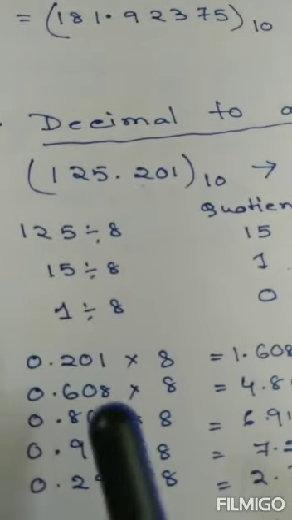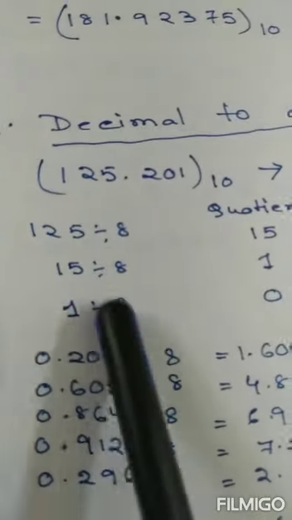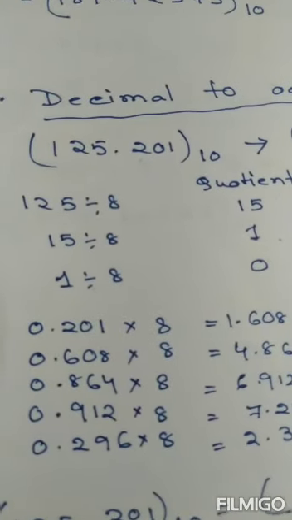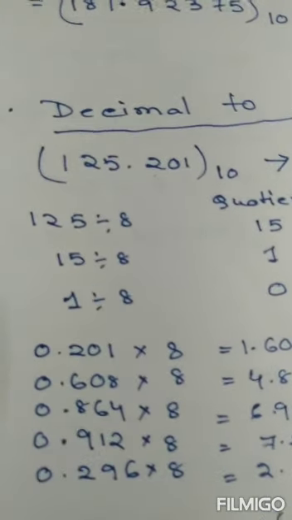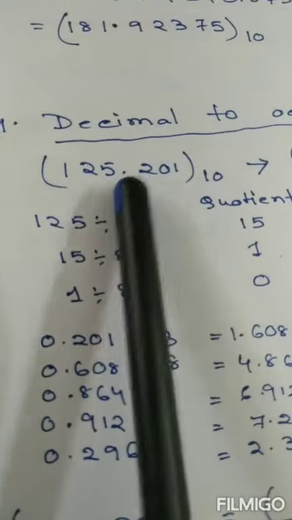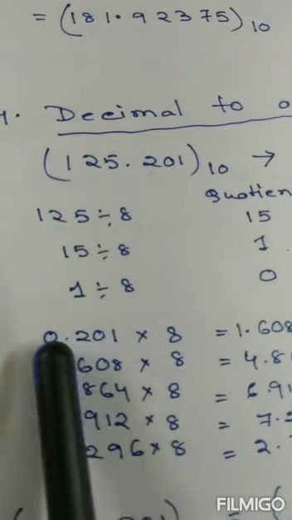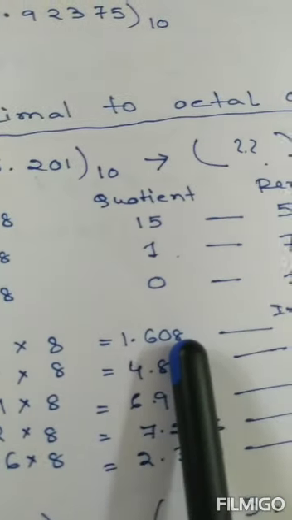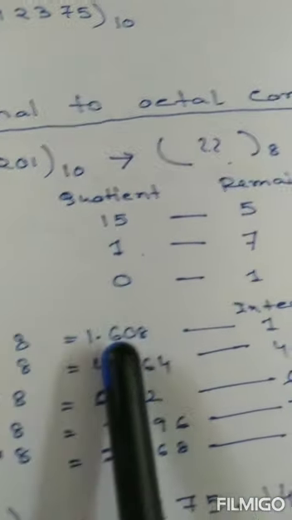For the integer part, this is the process, and for the fraction part, multiply with the base value of the required system. Okay, so here the number is 0.201. So 0.201 into 8 is 1.608, take the integer, that is 1.